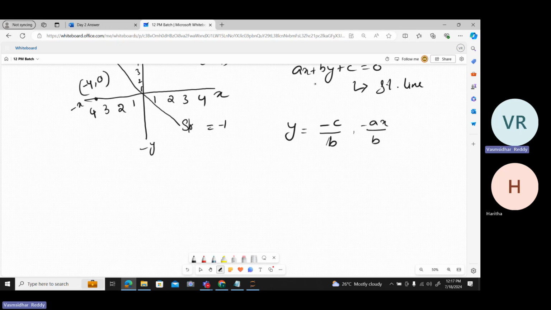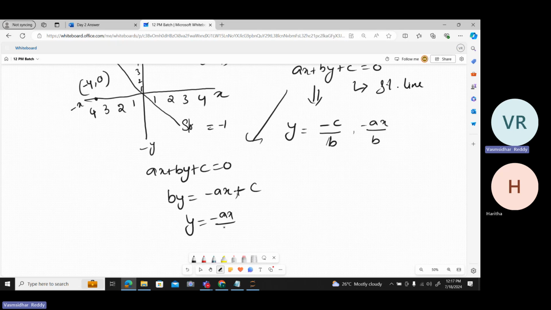If we expand it, ax plus by plus c equals 0, so by equals minus ax minus c. So y equals minus ax divided by b minus c divided by b. Same thing written here.